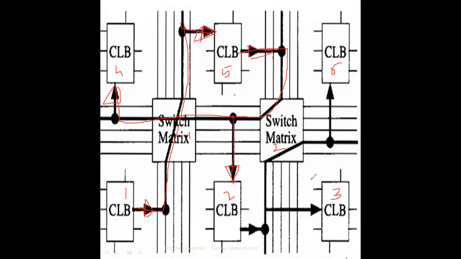Similarly, for example, switching matrix 2 is connected to logical block 3, and this logical block 3 has an output line. This line is switched through the switching matrix and communicated to here.